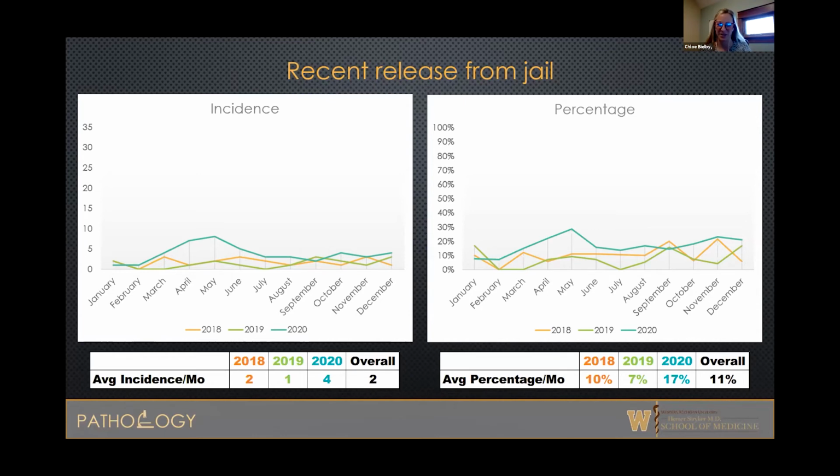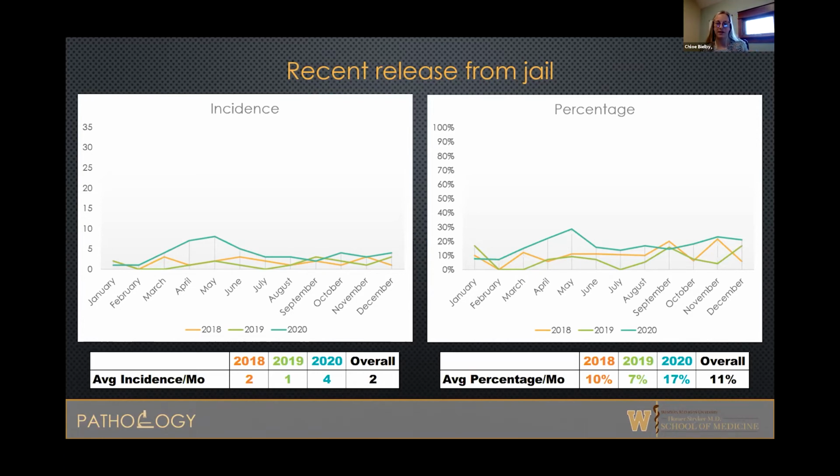And according to the Department of Corrections, from March to June, about 5% of the prison population was released early, which translates to about 2,000 people. And then the Bureau of Justice Statistics estimates that close to 60% of people incarcerated in state prisons and local jails meet criteria for substance use disorders.